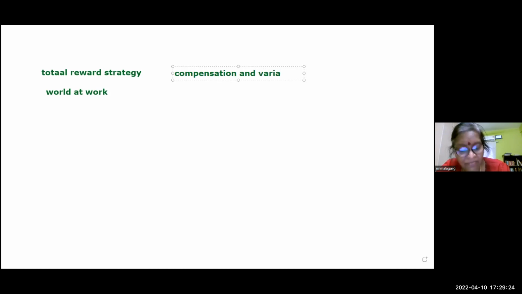When I said compensation, I want to define it as base plus variable pay. Got it? We're talking about base pay and variable pay. The next is, what kind of benefits are you giving?